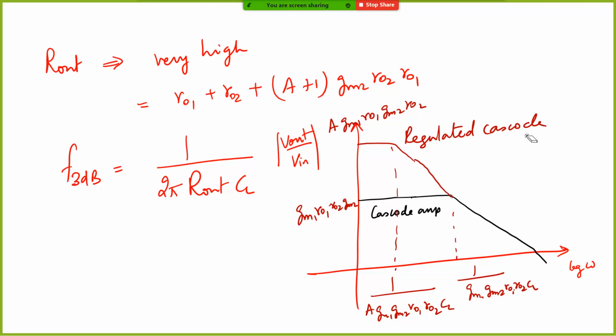Now, in conclusion, you can use this for differential amplifiers also. So, for example, if you are using it in a differential amplifier, let's say you take a telescopic cascode, you can make it a regulated telescopic cascode.